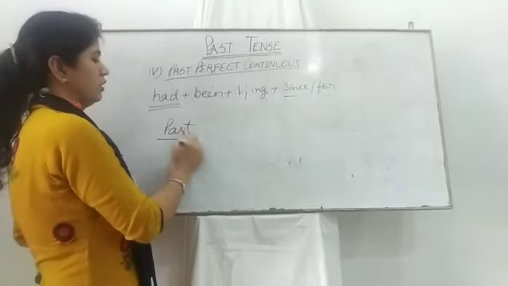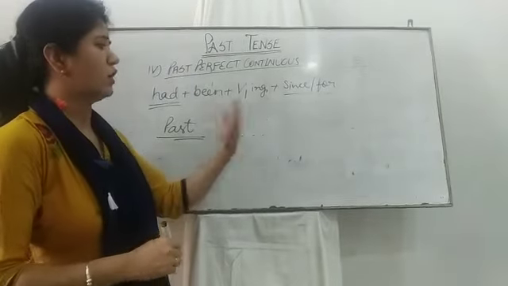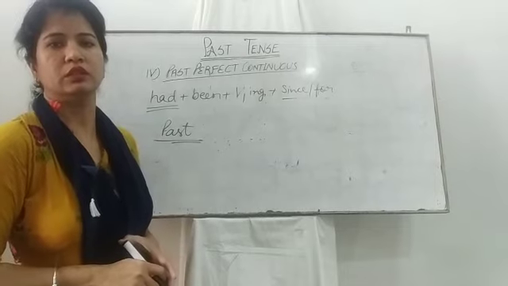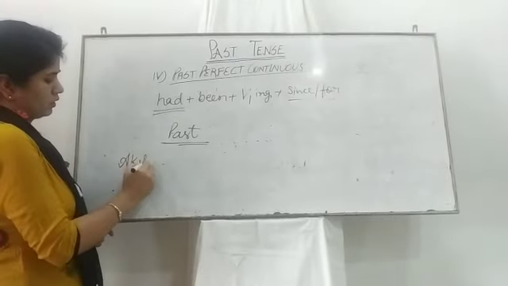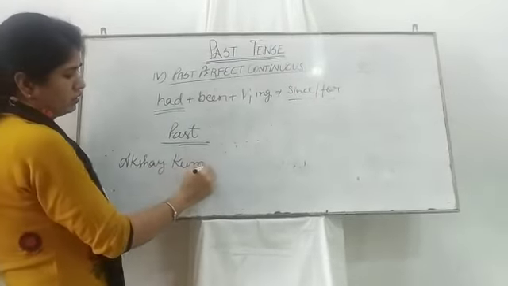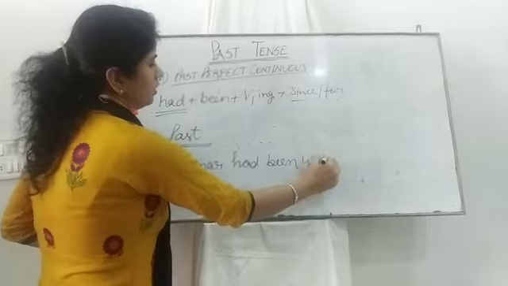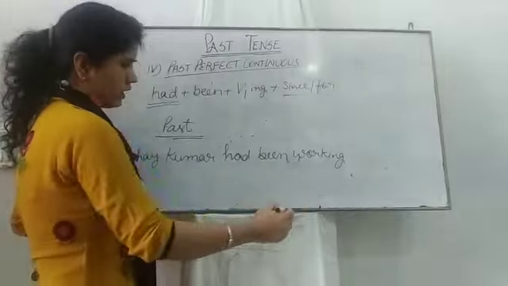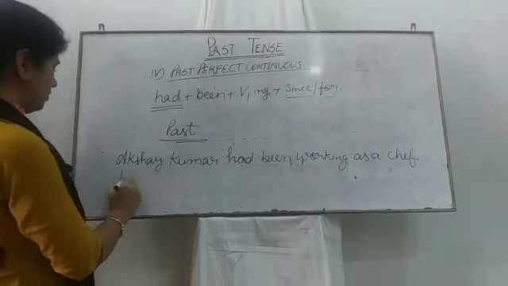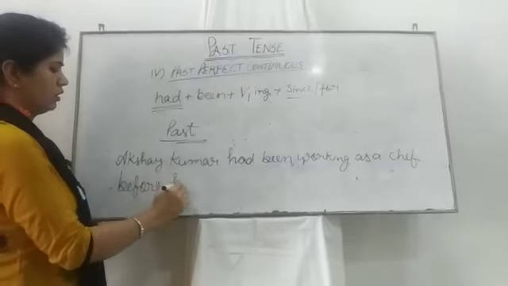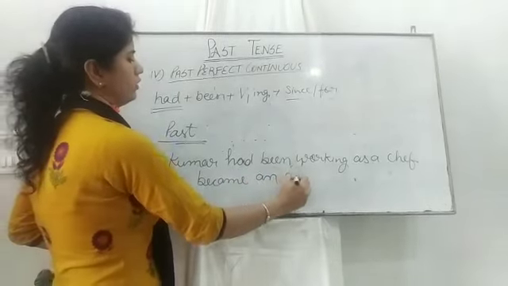So let me tell you that we use past perfect continuous when an activity started in the past, it continued for some time, but it got over because of some reasons. For example, Akshay Kumar had been working as a chef before he became an actor.